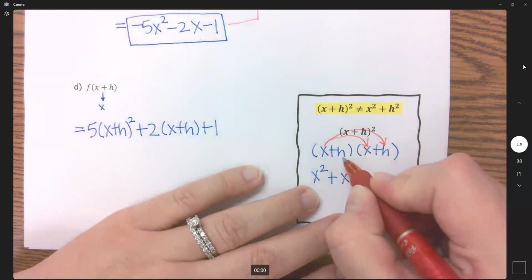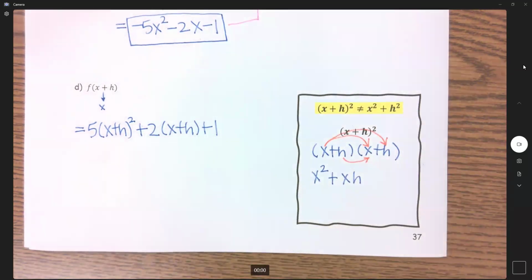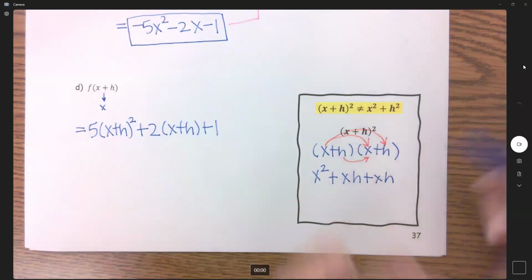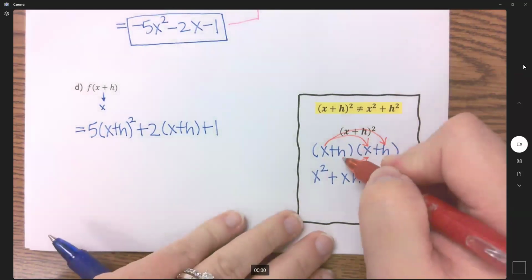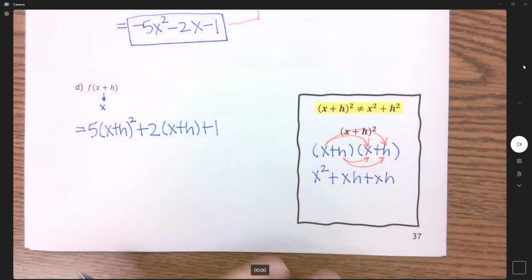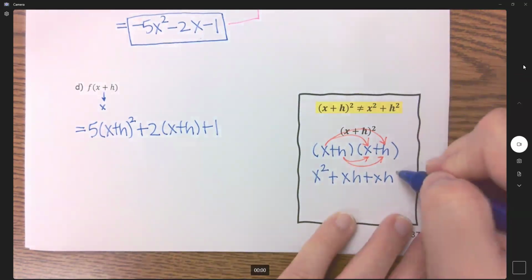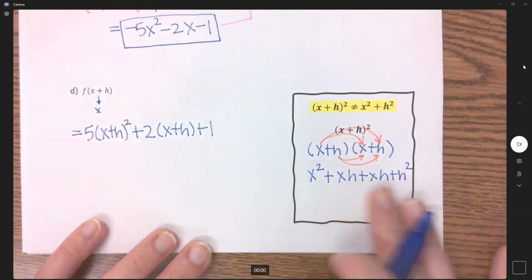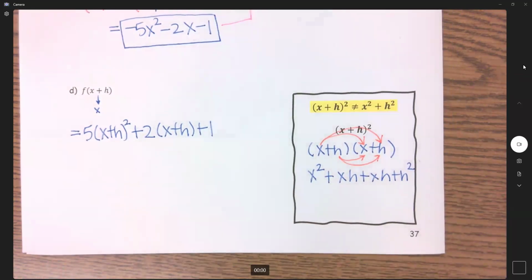So now we need to do h times x, which, it doesn't matter the order these are written in. So I'm going to put xh and then h times h, which will give me plus h squared. These middle two terms are like terms. They are both an xh.